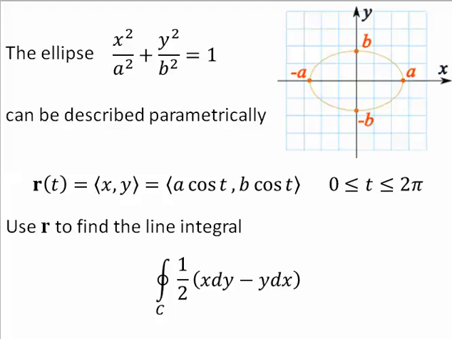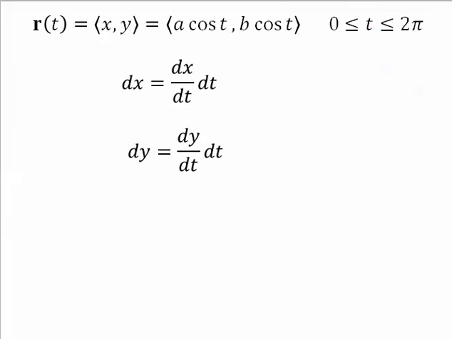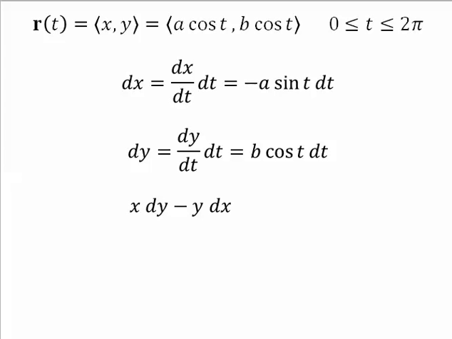All right, so we need to find x dy minus y dx. So what is dx? What is dy? Using this parameterization, dx is negative a sine t dt, and dy is b cosine t dt.